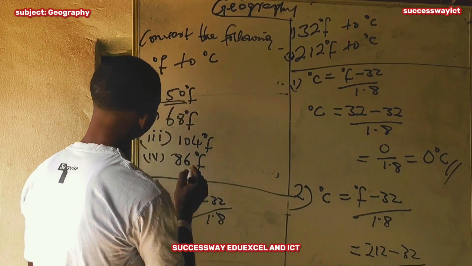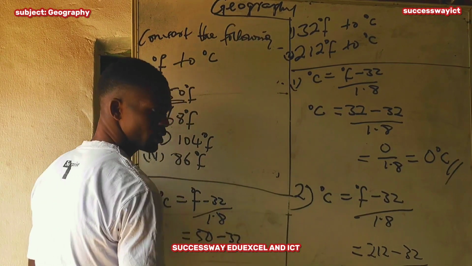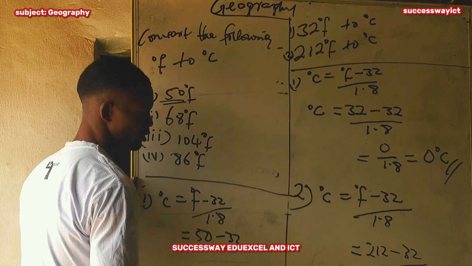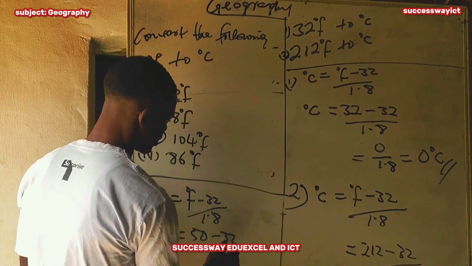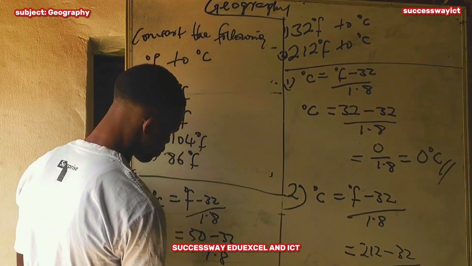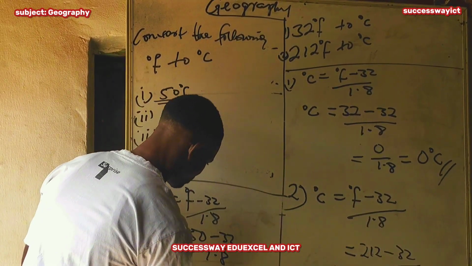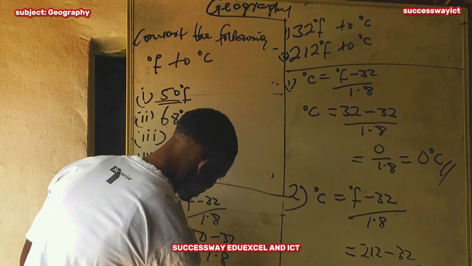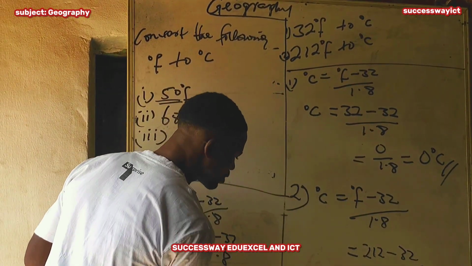So we have 50 minus 32 over 1.8. Stop writing. So 50 minus 32, what do you have? 18. Are you sure? Over 1.8. So you are sure, right? Are you sure it's 10? 10 what?